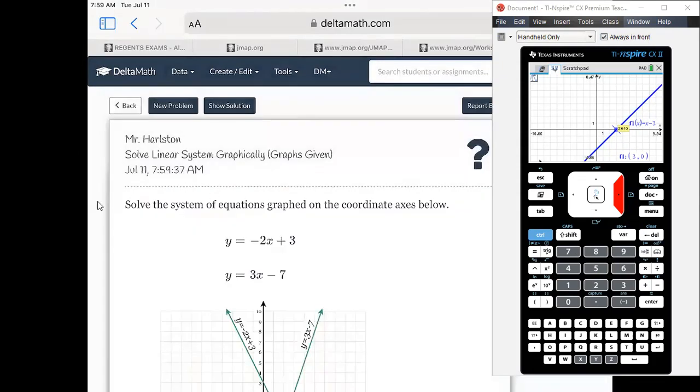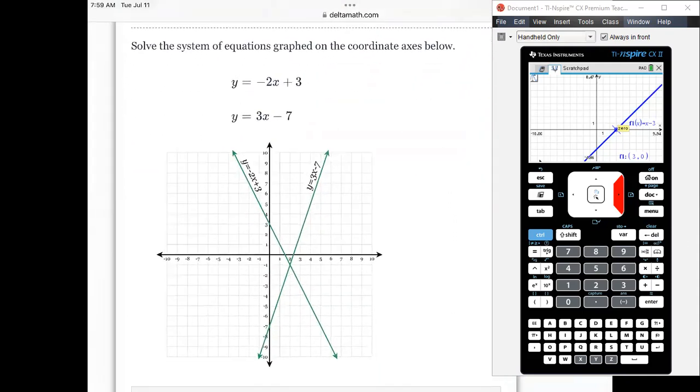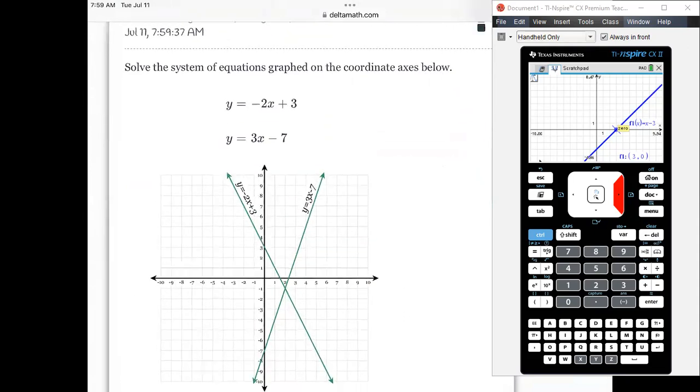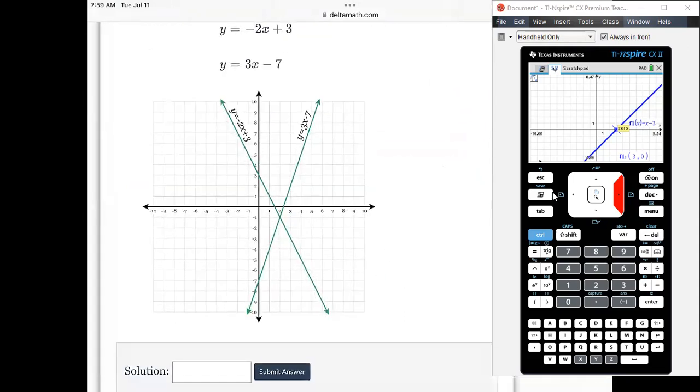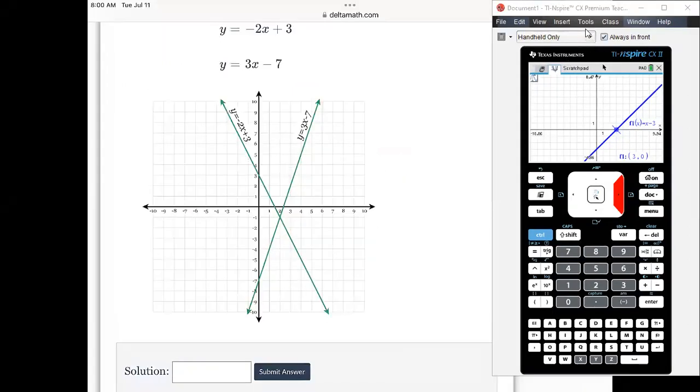All right, so this one they've given us two equations. So we're going to graph them and find where they intersect. Actually, this one is graphed for us. We just need to come up with the intersection. So we don't actually need the calculator on this one. So I'm going to take this off.